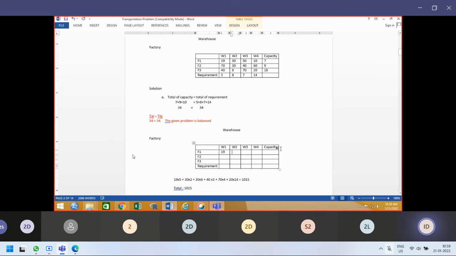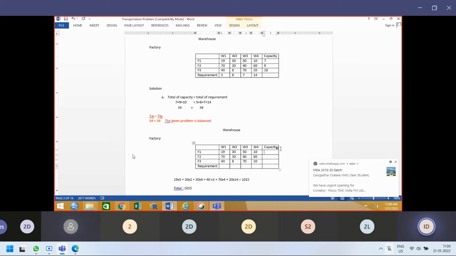Come on, write down the cell values. 30, 50, 10, matrix, fill the matrix first. 70, 30, 40, 60, 30, 40, 60. Next, last cell, 40, 8, and 70. And 20.